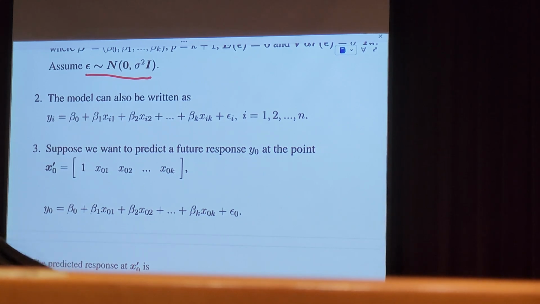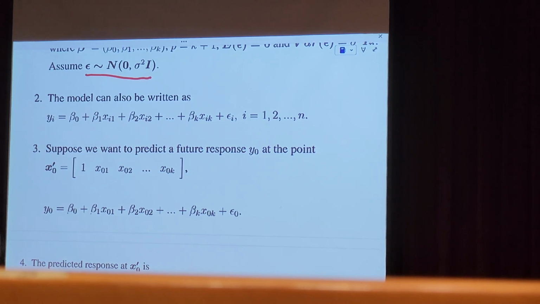It's the same as before. And now, I want to make a prediction of y based on these regressor values here, for a particular value of x1, a particular value of x2, and so on. And I call it x0, x0.